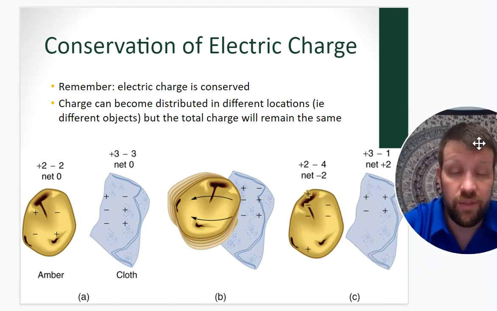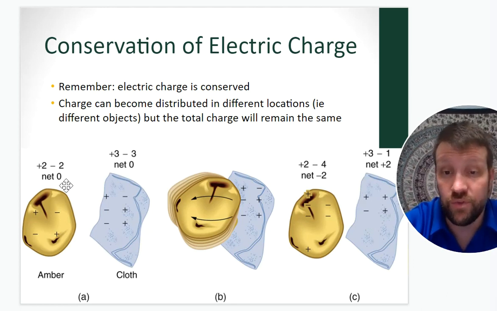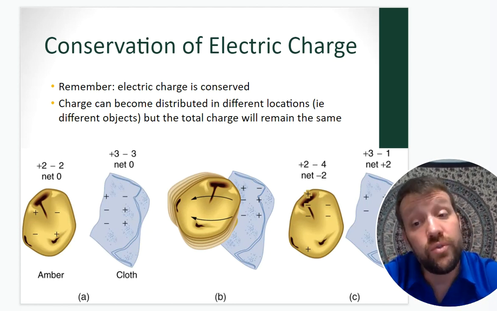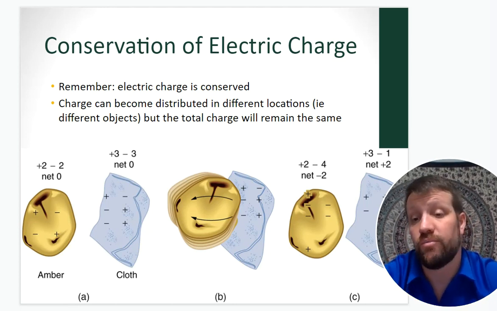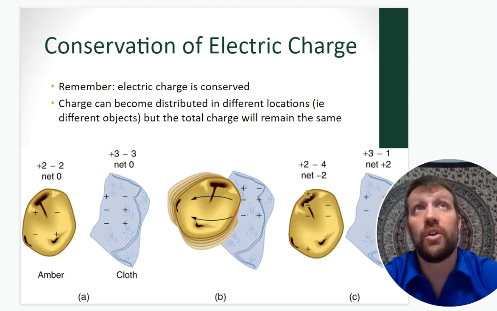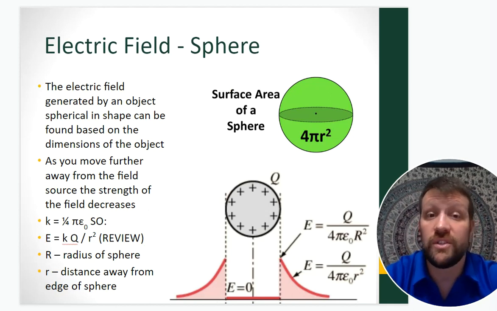And 3 positives and 1 negative there now, so a net of +2. So since my net total here was 0 and 0, now I have -2 and +2. I still have 0 overall, and so everything is holding true the way that it should be, and we have conservation present.